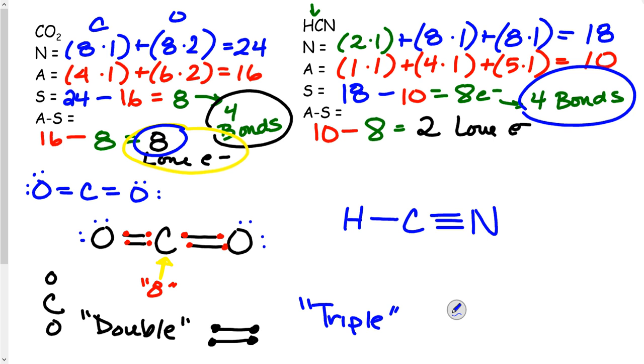And let's look at our octet. Hydrogen is fine because remember we know that hydrogen has an electron and it can share an electron. Okay, now look at the carbon. Carbon has the electrons on the left, so there's the 2. It also has 3, 4, 5, 6, 7, and 8, so it has an octet.